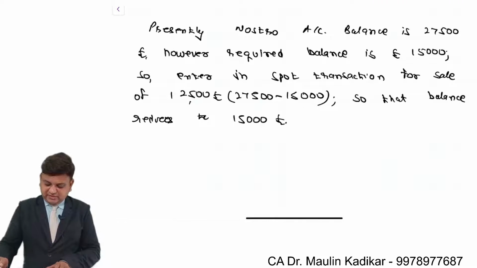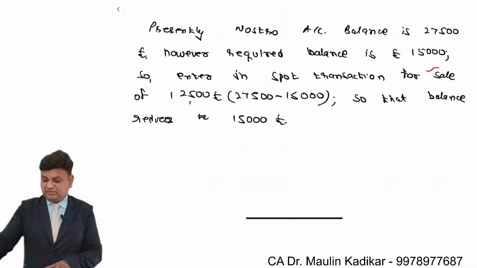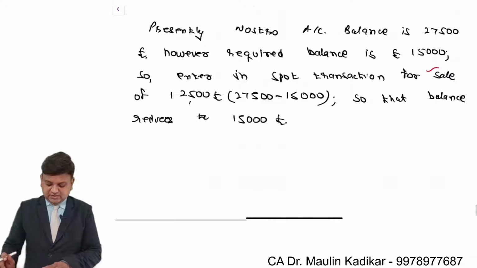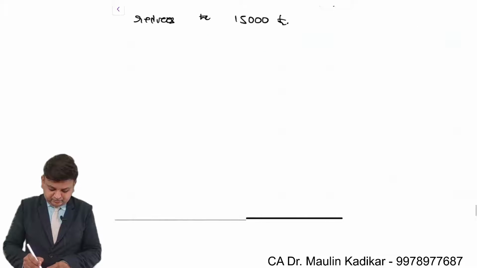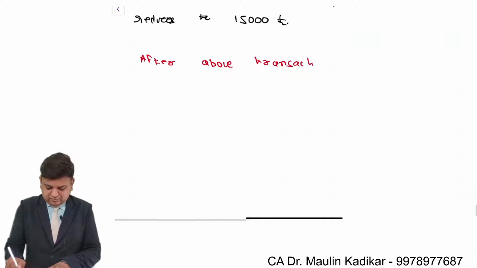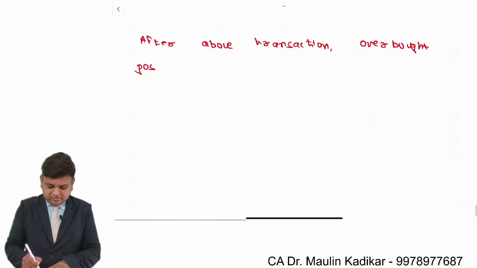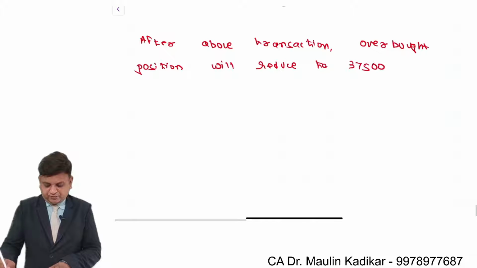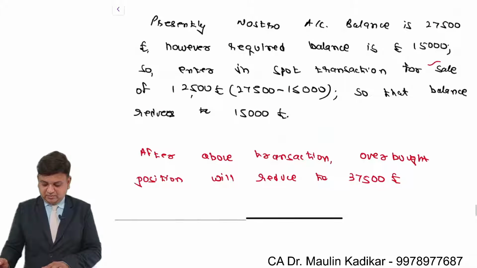We are advised to enter into the sale transaction of 12,500. So the balance is 37,500. After above transaction, comma, overbought position will reduce to 37,500 pound.